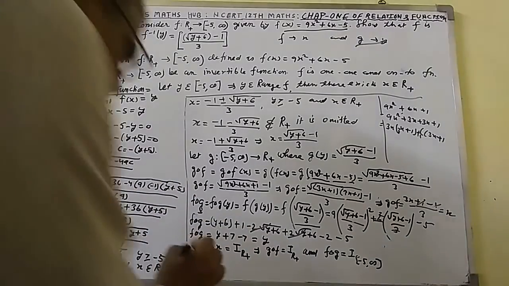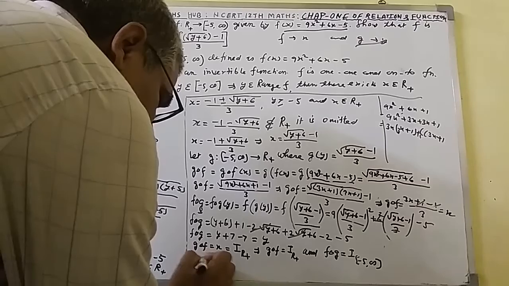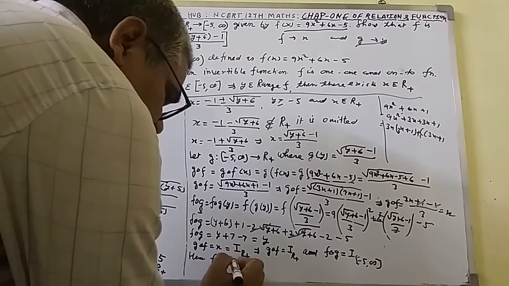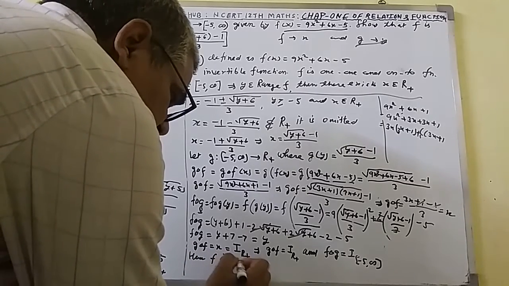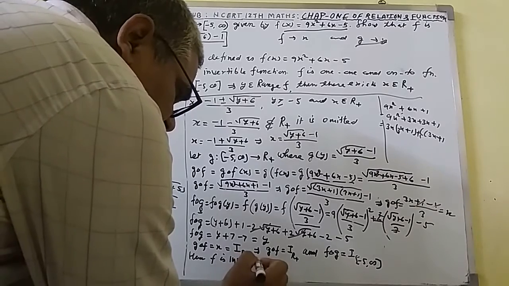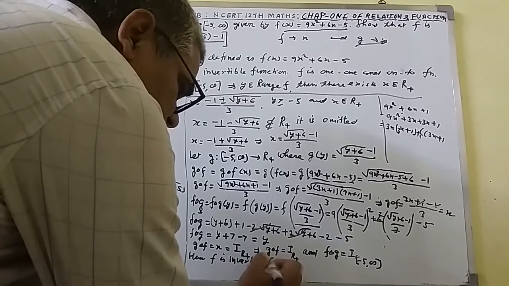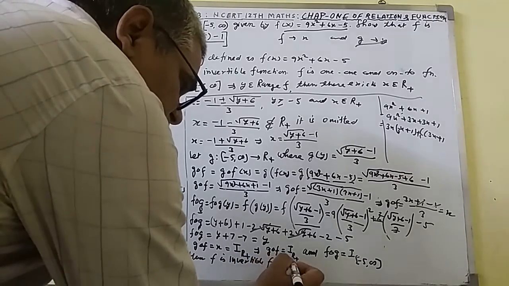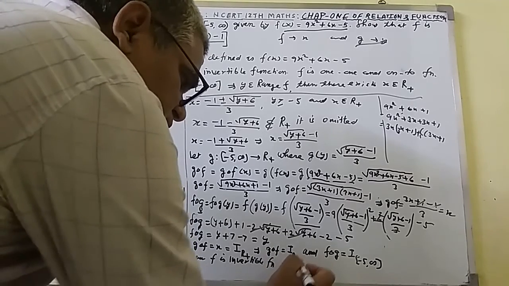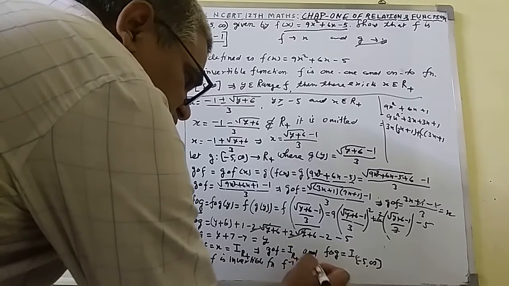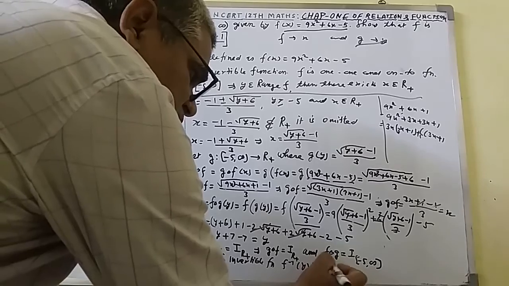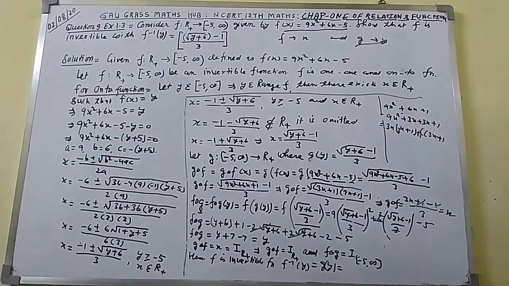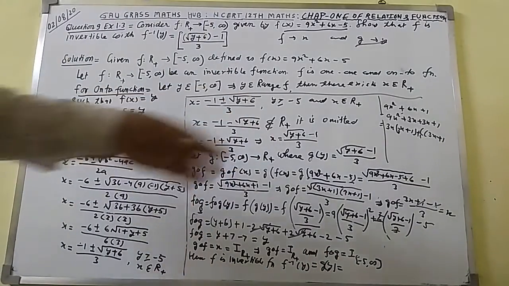Hence f is invertible. F is an invertible function. F inverse of y equal to g(y). You have got the value of g(y), this one.